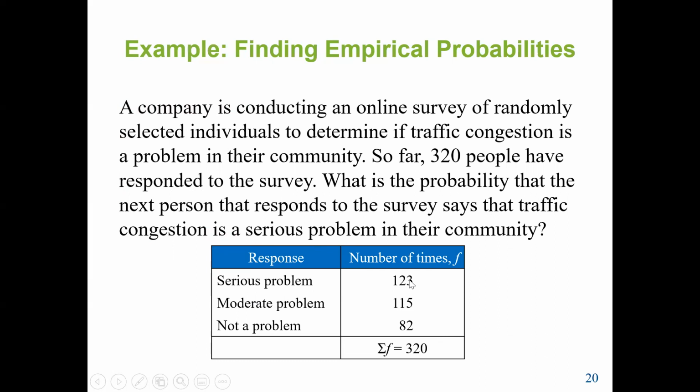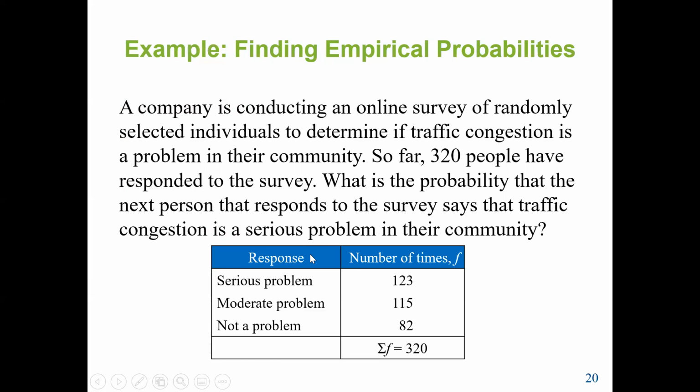Now you can see this is empirical probability based on the previous results, because in the previous responses, we have 123 out of 320 saying traffic congestion is a serious problem. So the question asks about the next person who responds, that's the next in the future. So this is not classical.